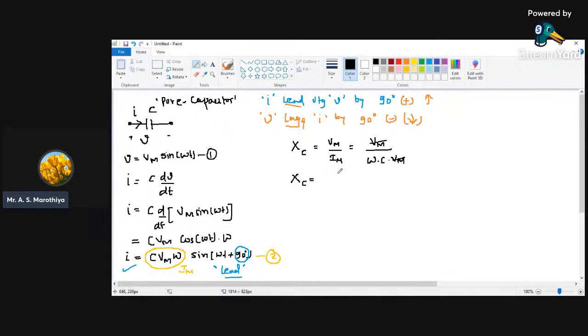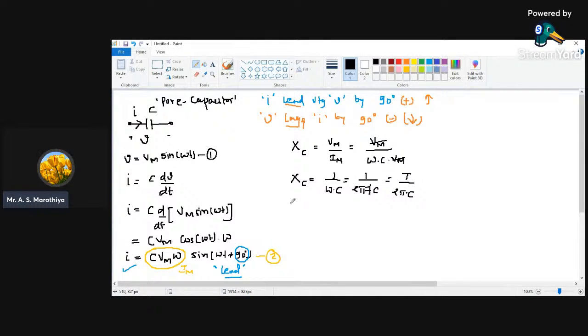So Xc indicates the ohmic opposition offered by the capacitor. Xc equals 1 upon omega C. This is very important. Or we can write this as 1 upon 2 pi f into C, or if you replace f by 1 over T, it is T divided by 2 pi C.